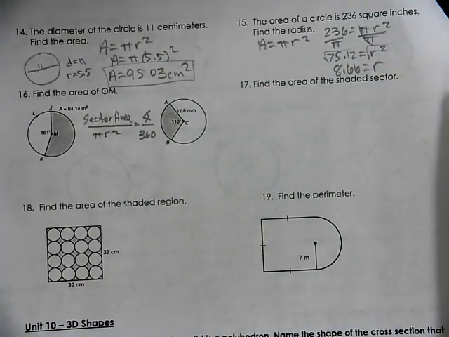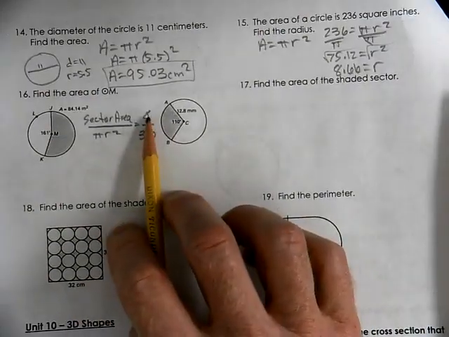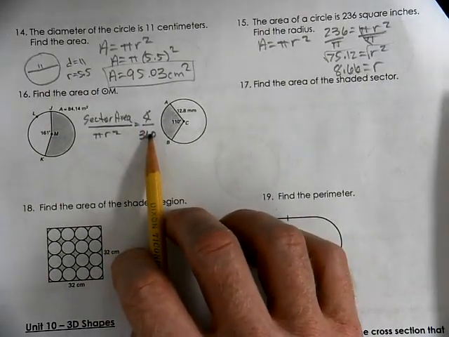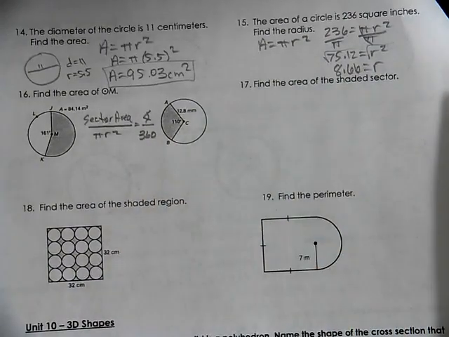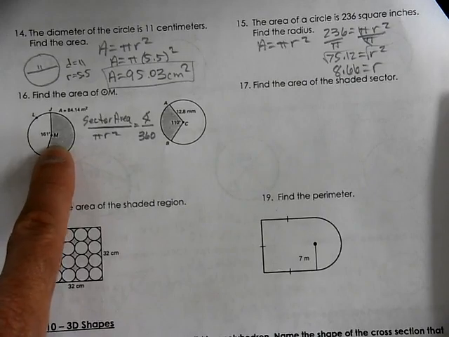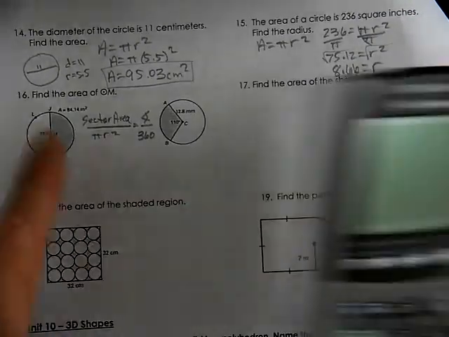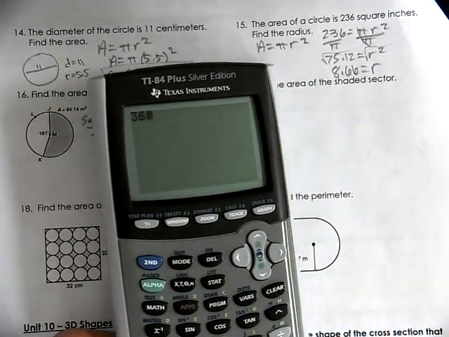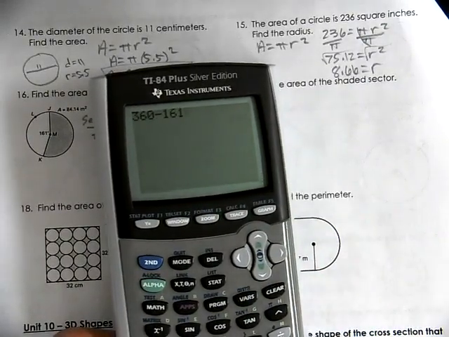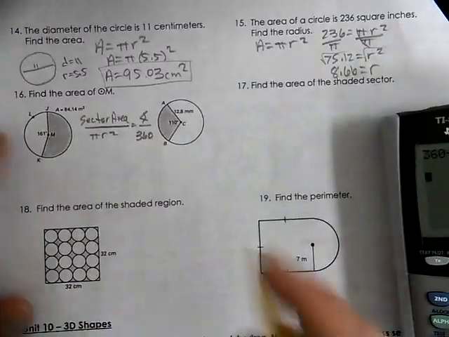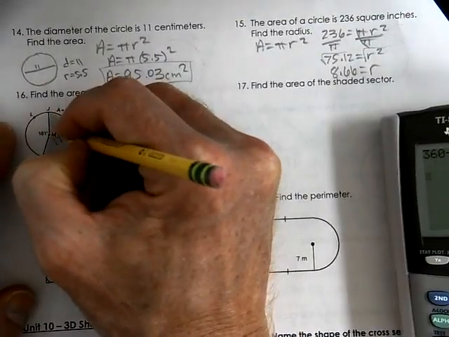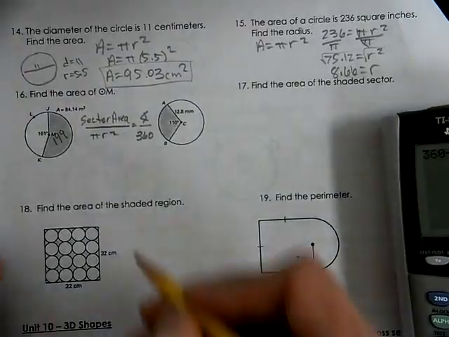The area of the sector compared to the area of the circle is the same proportion as the angle is to 360. So the first thing we've got to realize is that the angle they give us, 161, is not the shaded region. So that's 199. That's our angle.